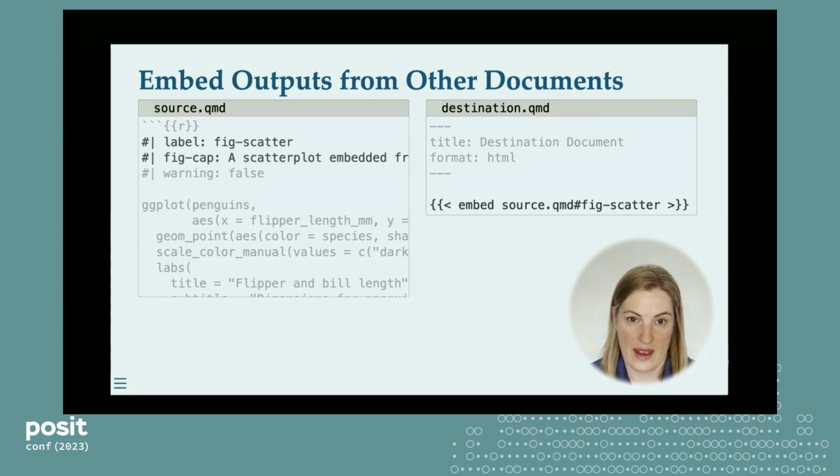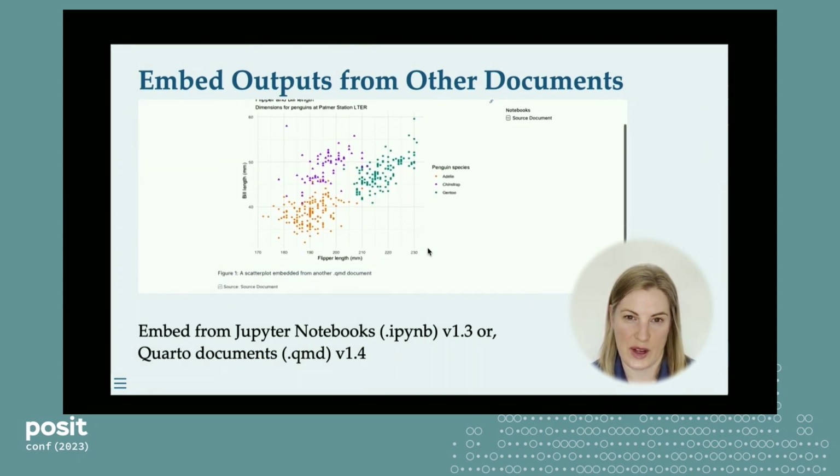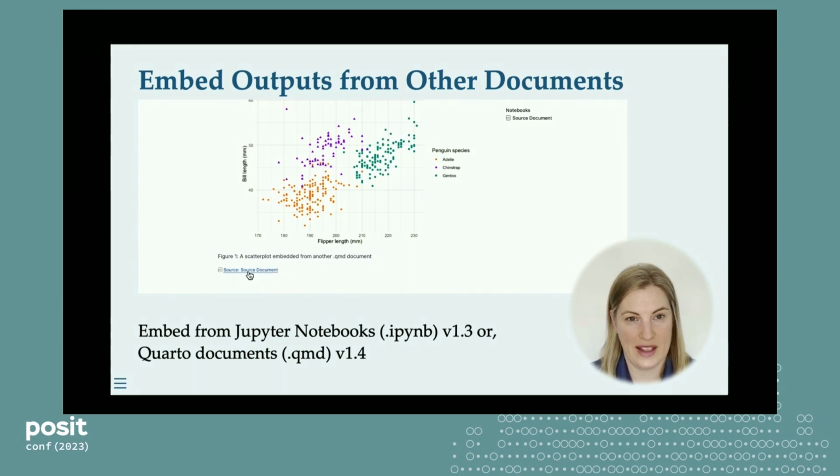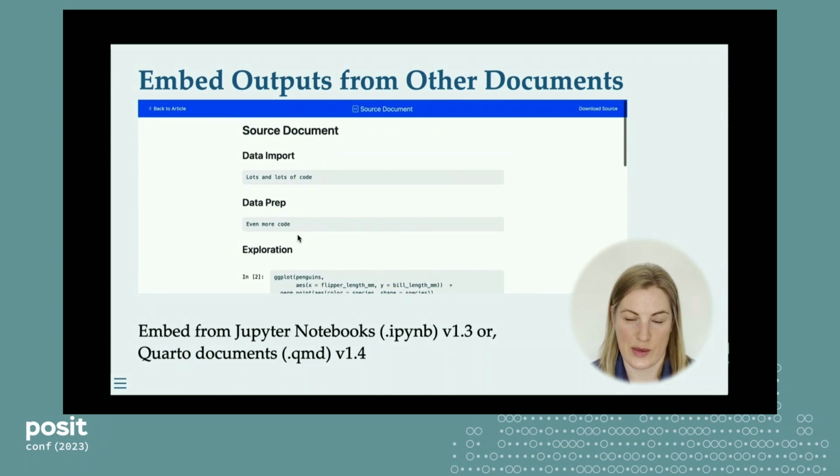That's it. The cell options come from the source document. So if you want to add a caption, you'll need to do that in the source document. When rendered, the output from that source document will be included in the destination document. In HTML formats, you also get a link back to a rendered version of that source document.